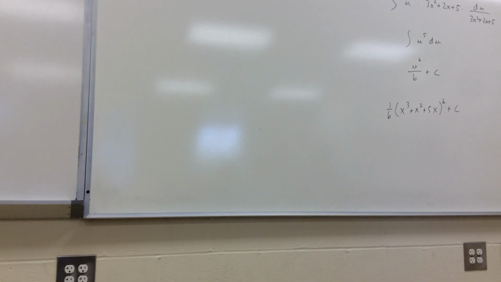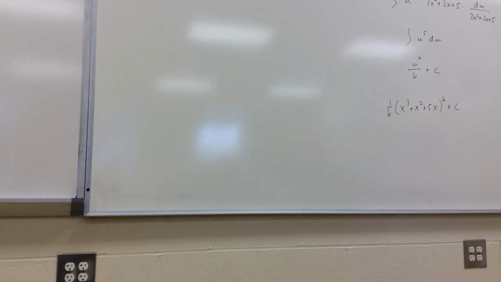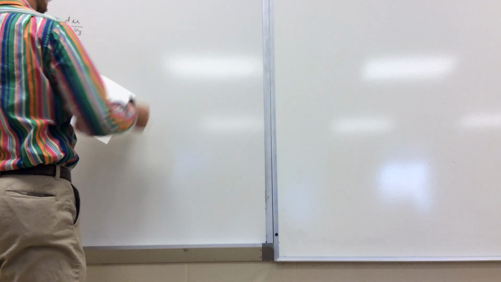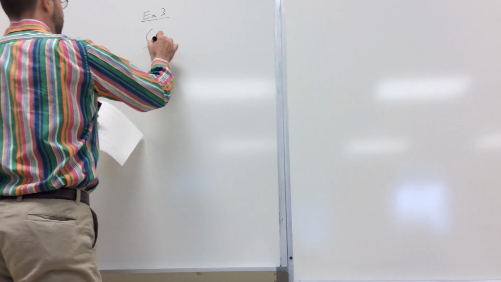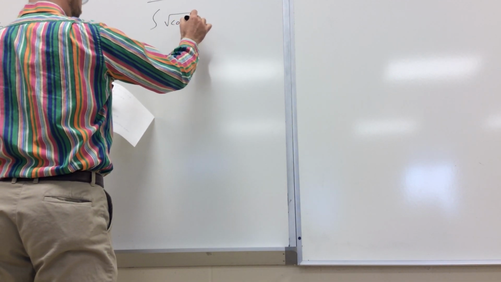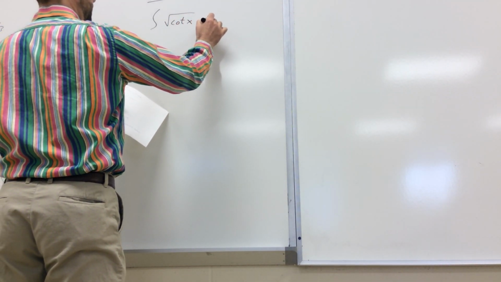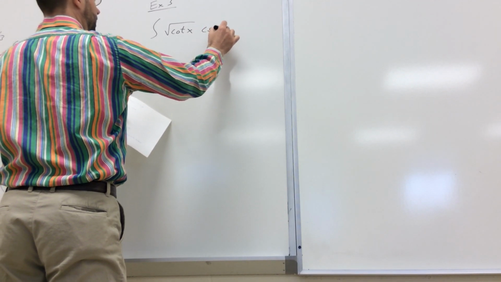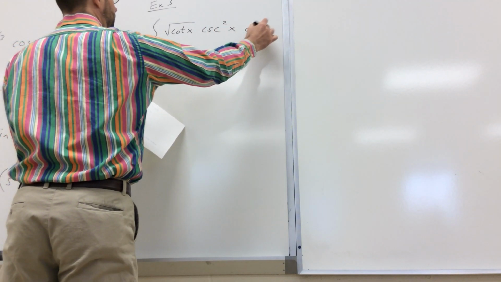All right, so we're on to example 3 now, I guess. Ah, yes, this is a good one. Antiderivative of the square root of the cotangent of x times the cosecant squared of x dx.